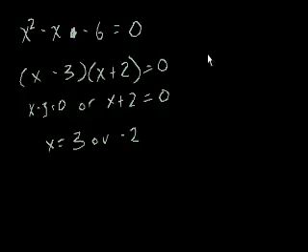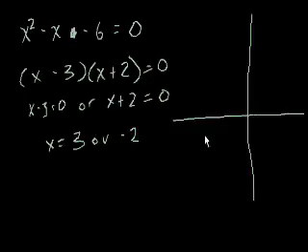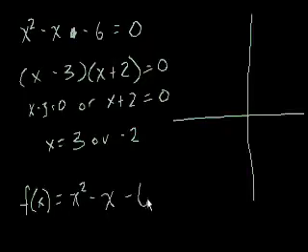And a graphical representation of this would be, this is my very badly drawn graph, if I had the function f of x equals x squared minus x minus 6. So this axis is the f of x axis. You might be more familiar with the y-axis, and for this type of problem, it doesn't matter. And this is the x-axis.